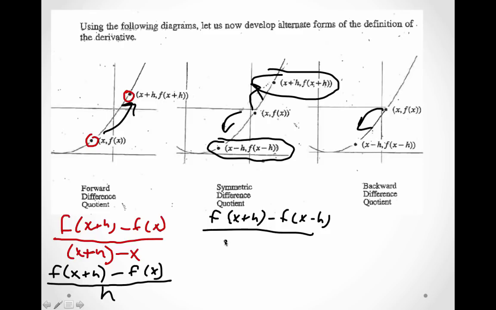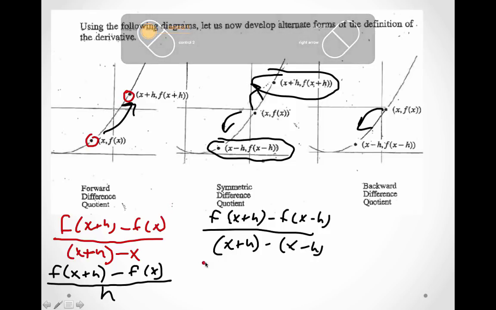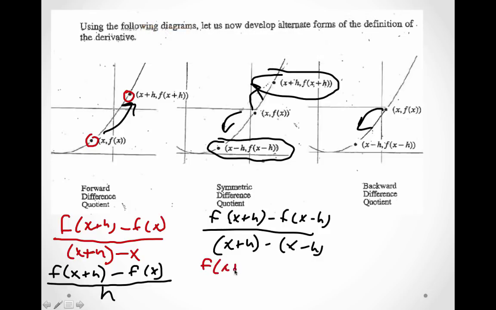When I put it over x plus h minus x minus h, and when I simplify, the top's going to be the same, and the bottom will end up being 2h. So that's going to be the symmetric one. Now the end one, we would do the same thing.